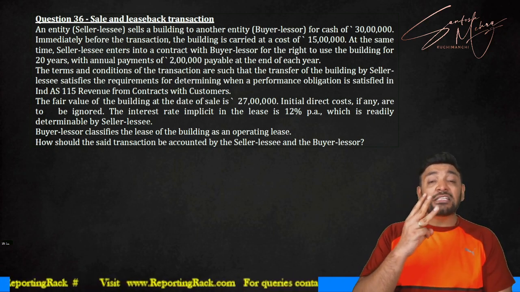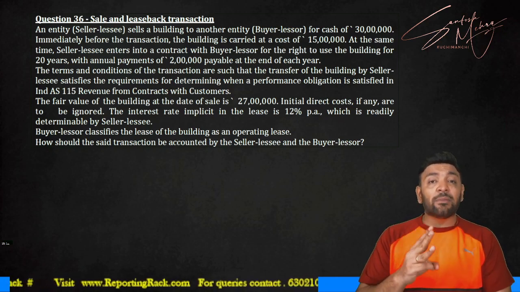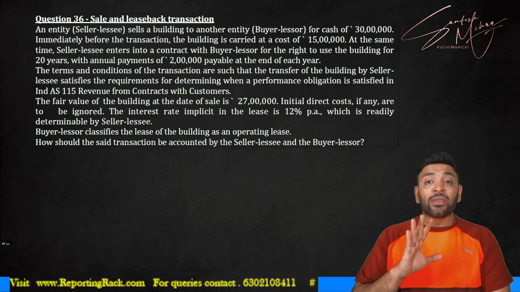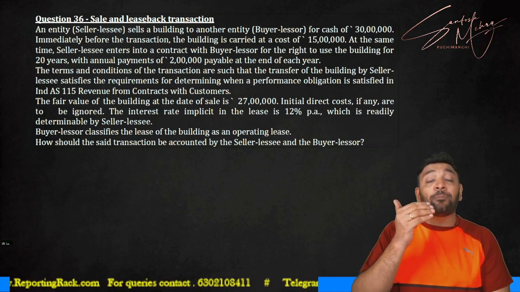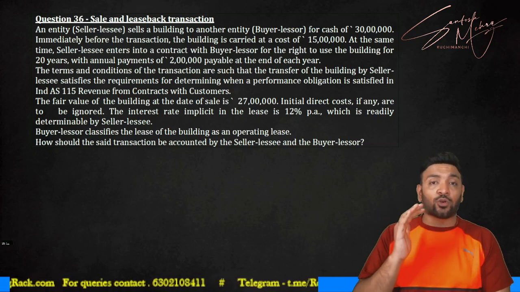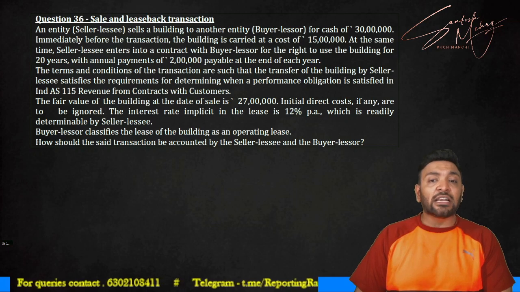We said there is a concept of prepayment or additional finance element which comes up whenever the consideration is not equal to fair value. Here the consideration is more than the fair value. Therefore, this is a prepayment, an additional finance element which is included. How much is the additional finance? I will determine it.